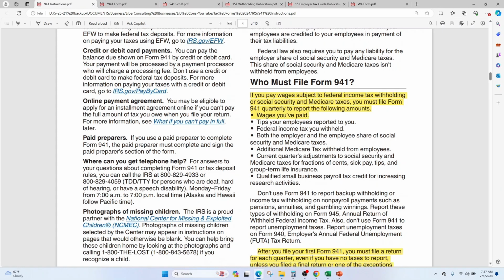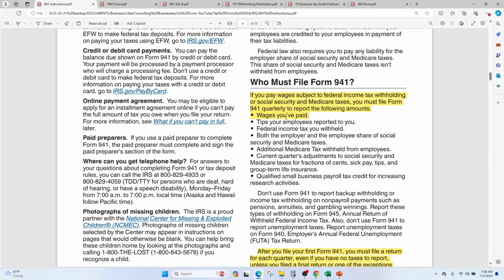So, who must file Form 941? If you pay wages that are subject to federal income tax, Social Security tax, and Medicare tax, you must file Form 941 quarterly to report the following amounts.